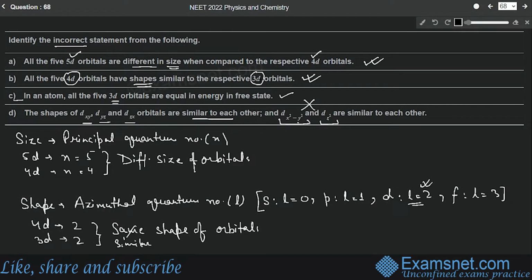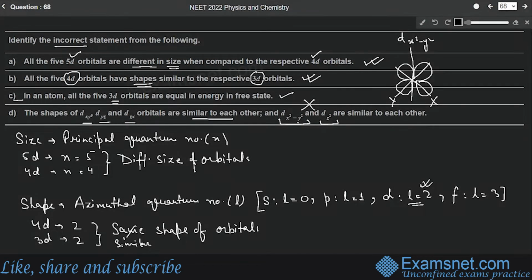Okay. So let's see first dx square minus y square. Suppose this is the y-axis, this is the x-axis. So here will be the dx square minus y square and the orbital will have this type of shape. Got it?